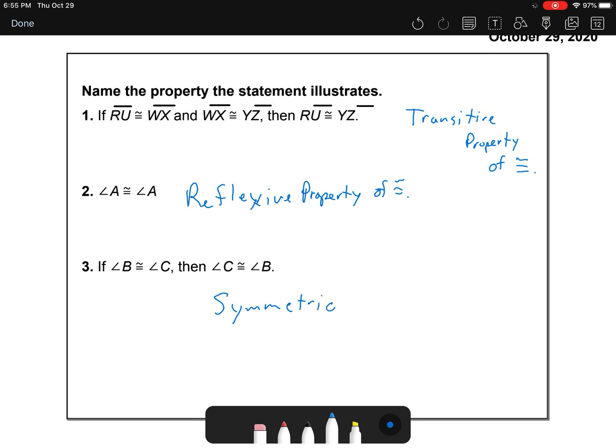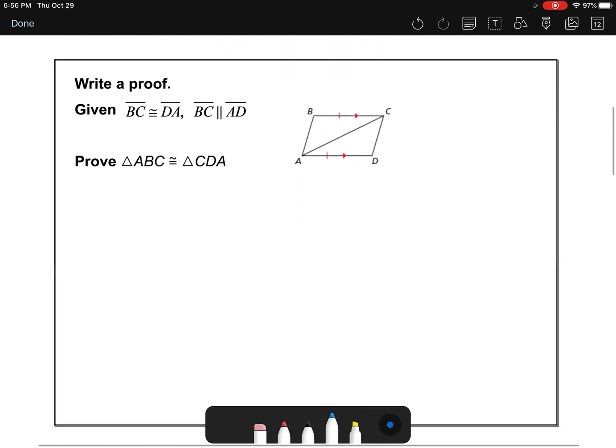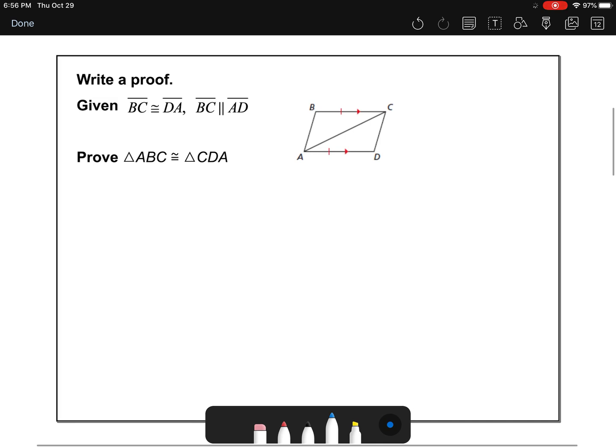That is the symmetric property of congruence. And really, when I say congruence, this should be congruent segments, congruent angles, if we want to get technical, which we don't need to. Okay, now we're going to start with writing a proof.